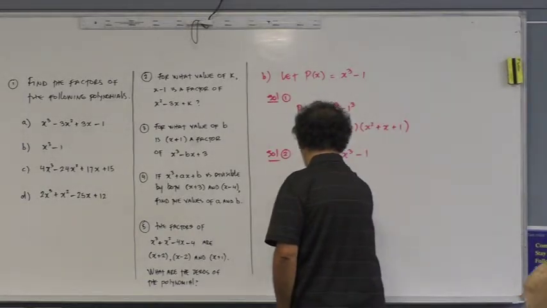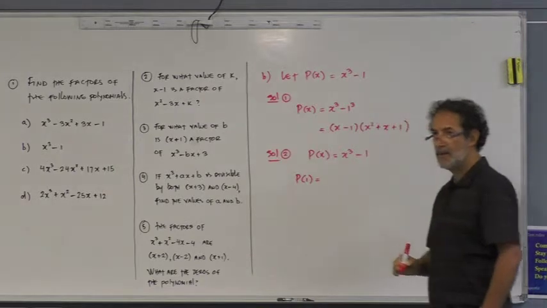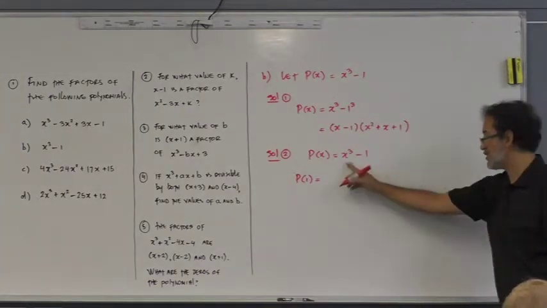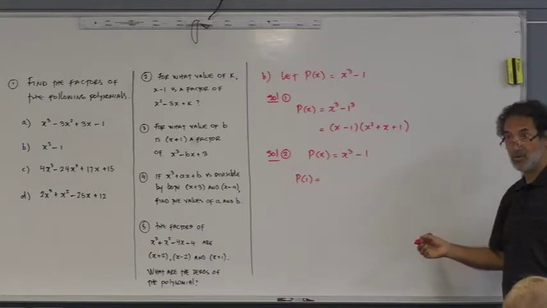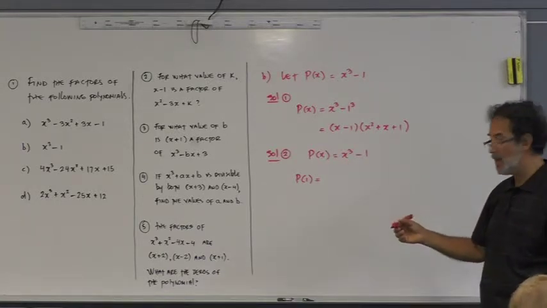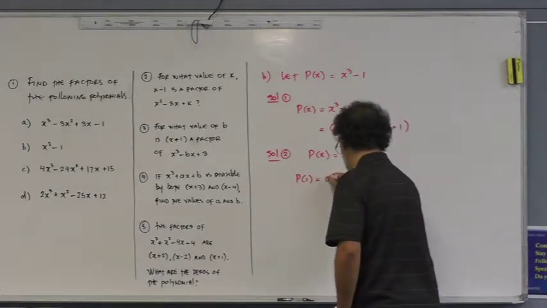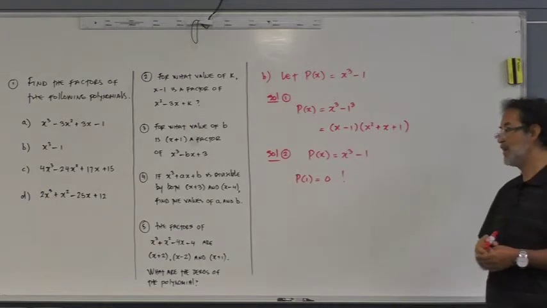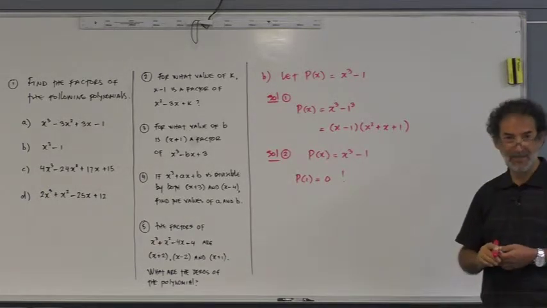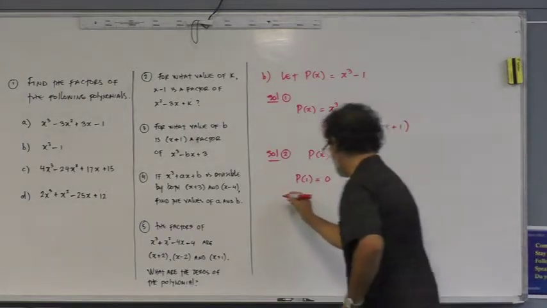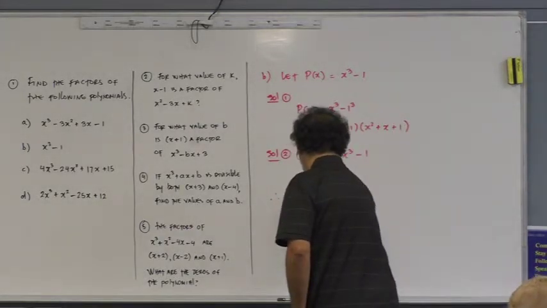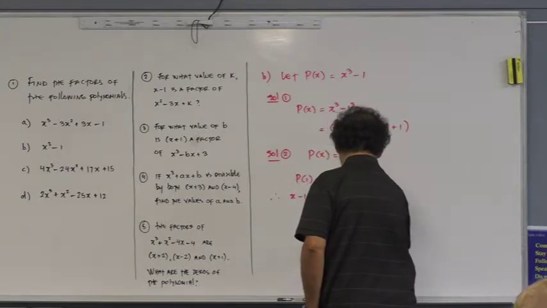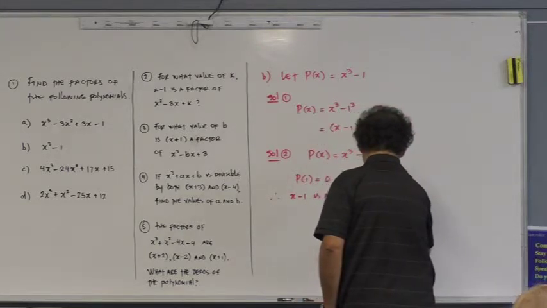So p of 1, if you substitute in here, is equal to 0. Beautiful. Because now we know that x minus 1 is a factor of p of x.